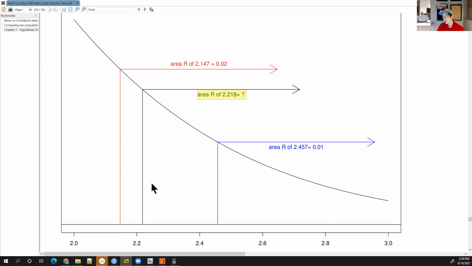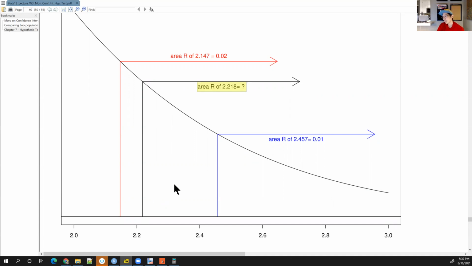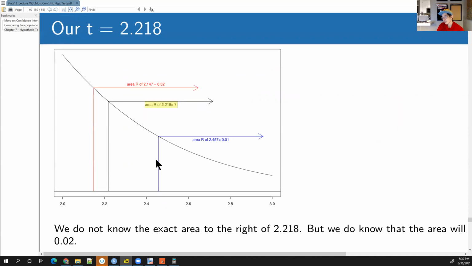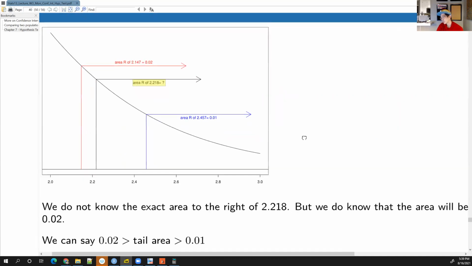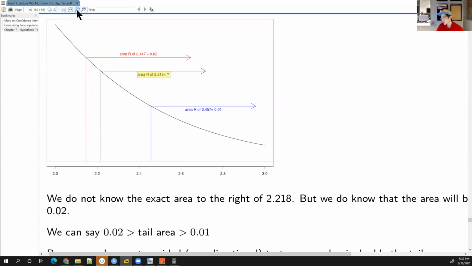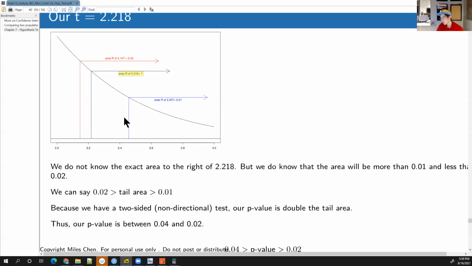The answer is, well, I can't tell. I don't know exactly what that area is, but from the picture and just from the table, I do know that whatever area it is, it has to be more than 1% but less than 2%, because my number 2.218 is in between 2.147 and 2.457.